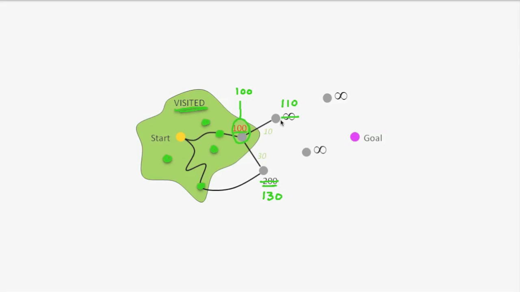So we have two important cases here. The first one is the case where we discover a new node which was not previously connected to our visited set, and so we change its cost from infinity to 110. In the other case, we have found this node earlier, and we determined that we can reach it from within the visited set using this edge with a cost of 200.